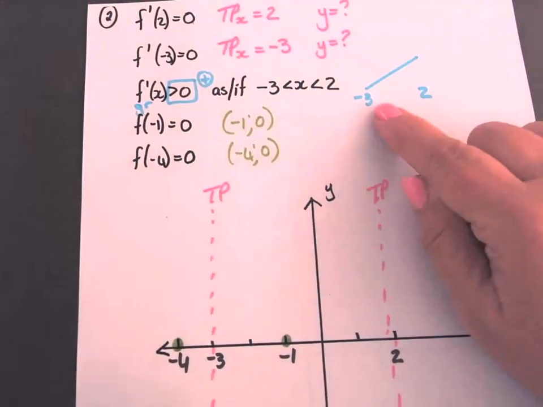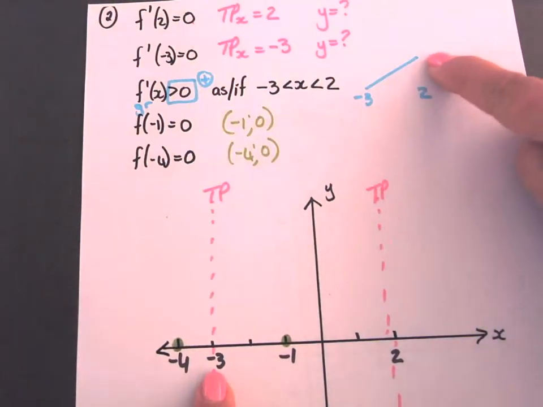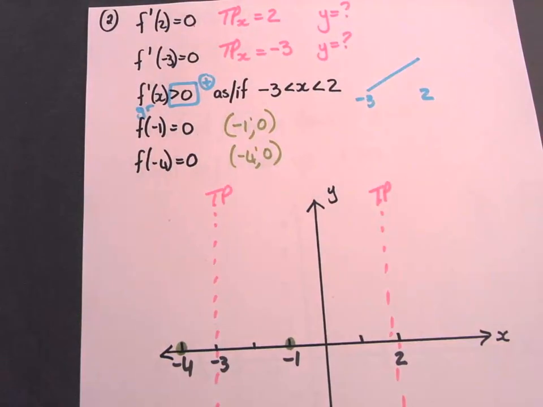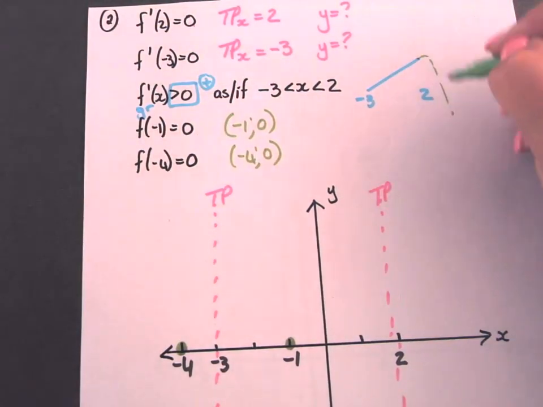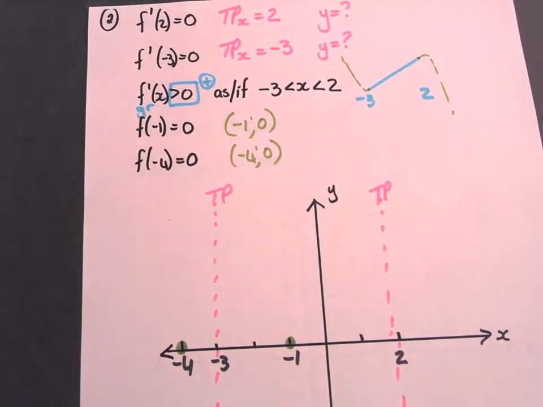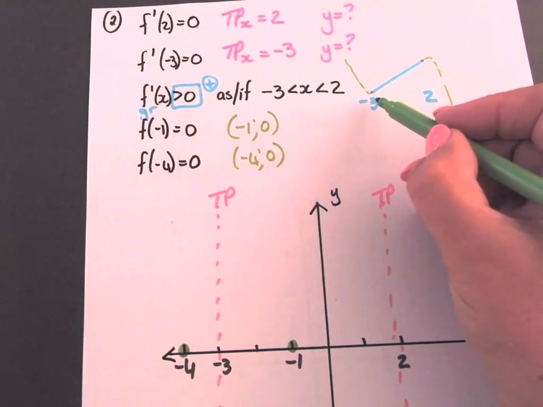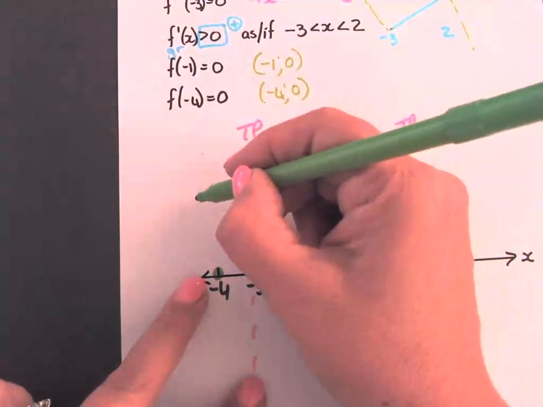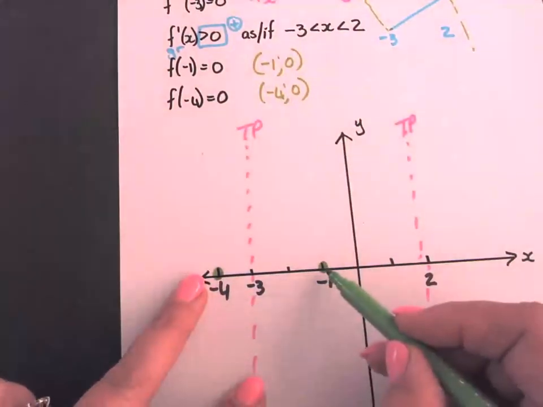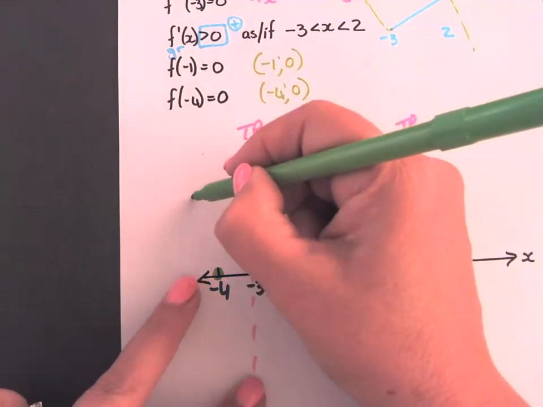We know that between -3 and 2, we have a positive gradient. So it will look like something like this. Do you agree? Okay. So on -3, I have to turn. But I have to go through -4. Okay? And then I have to go through -1 and turn there again. Okay?